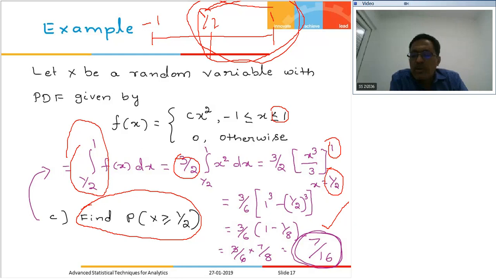It should not be more than 1, and it should not be negative. So whenever we get 7 by 16, check whether it lies between 0 and 1, because probability can't be negative and can't be more than 1. We have to validate like this, particularly in examinations. This is one point which helps us validate whatever we have done.